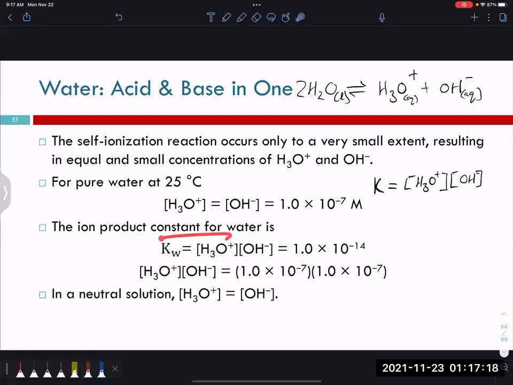And that's exactly what this is. So this is not just K, but this is also Kw. And that's equal to 1.0 times 10 to the negative 14.